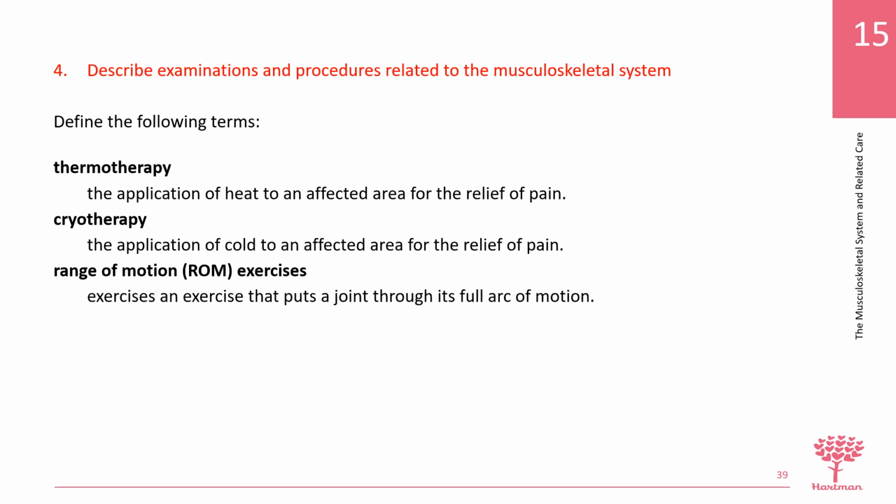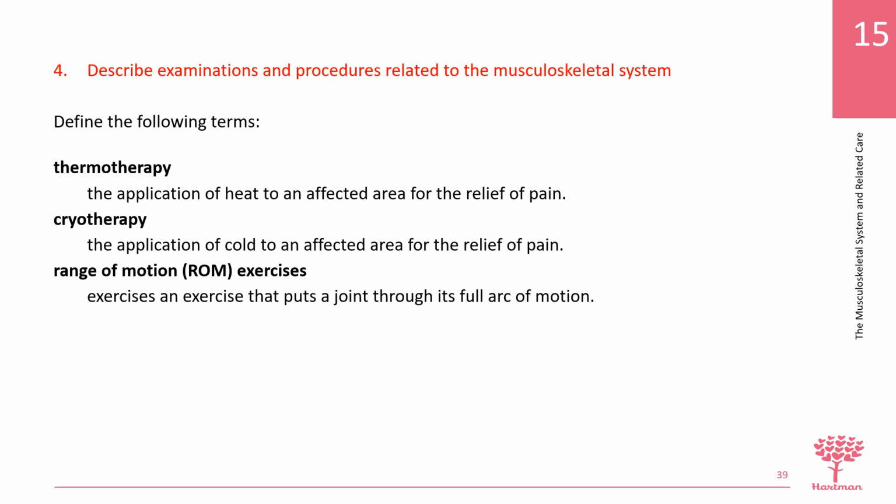Okay. Now let's get into some of the examinations and procedures as they relate to the musculoskeletal system. Thermal therapy is the application of heat to an affected area for the relief of pain.